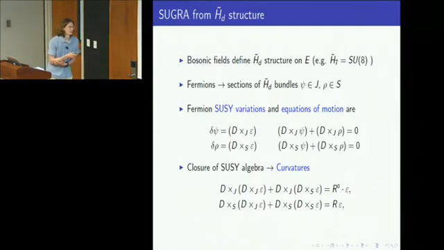I'll say the gravitino transforms in a representation J, and the spin-1/2 transforms in a representation S. And very similarly to before, we can write these nice projections of the generalized derivative acting on spinors, which give us the SUSY variations and fermion equations of motion. And again, the closure of the SUSY algebra gives you some generalized curvatures, which are the bosonic equations of motion. And this is a remarkably compact rewriting of these equations. These equations are truly horrible if you write them out in ordinary supergravity language.